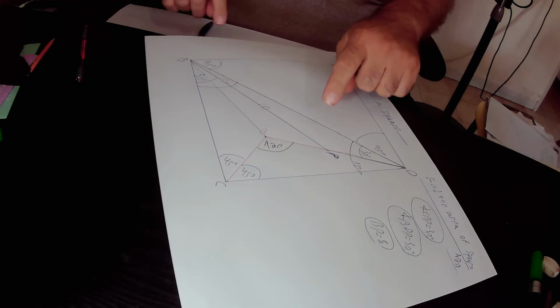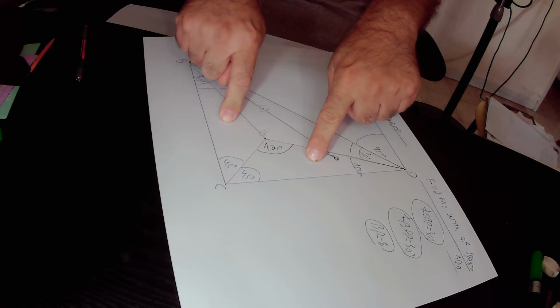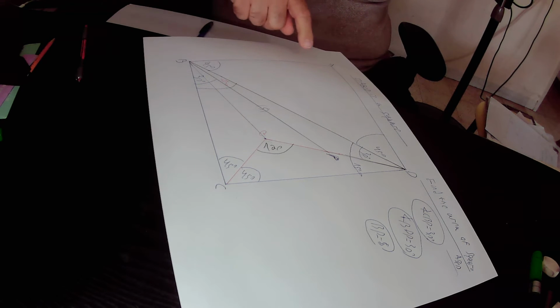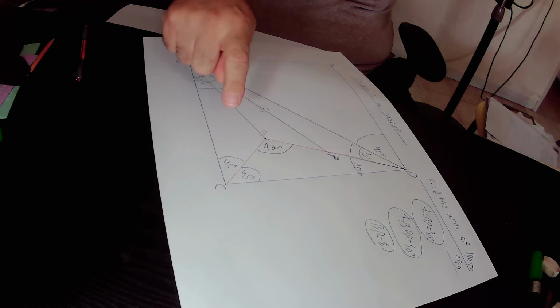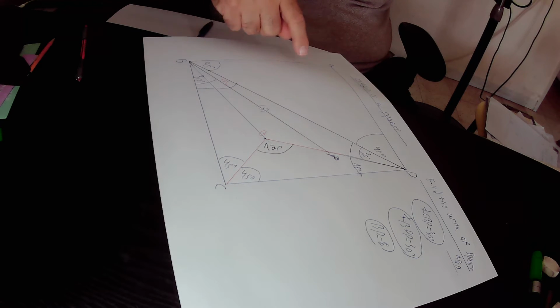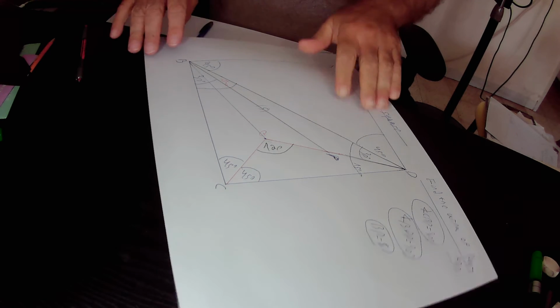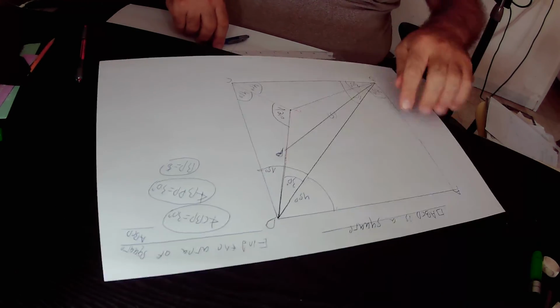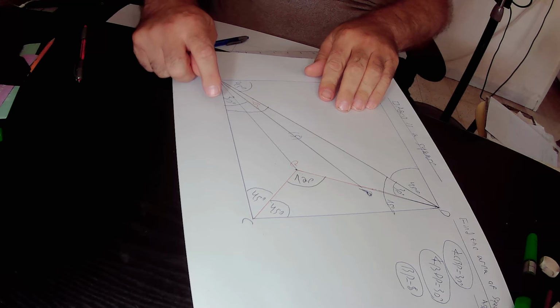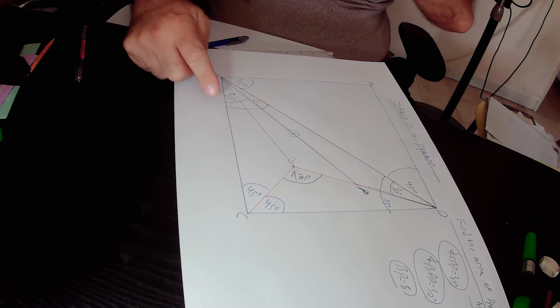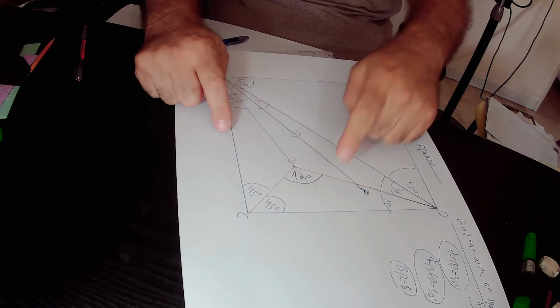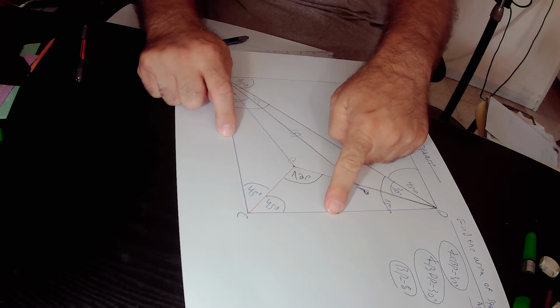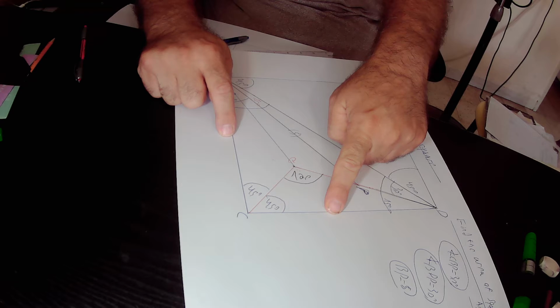So, why can those two triangles go into each other? First of all, side DC of this triangle DCQ is equal to side BC of this triangle BQC. Those two sides are equal to each other because we know that all the sides of any square are equal to each other.